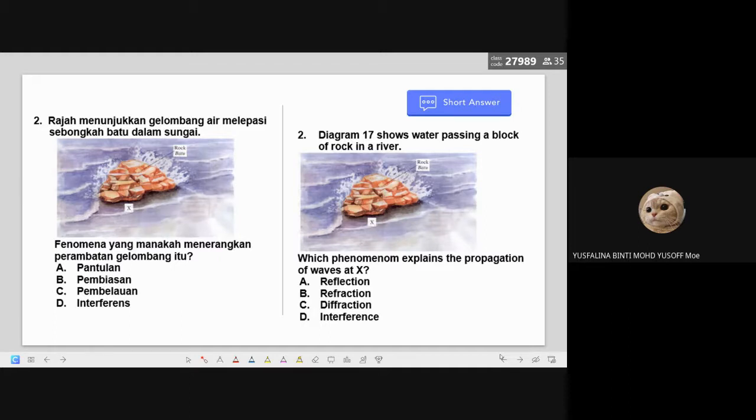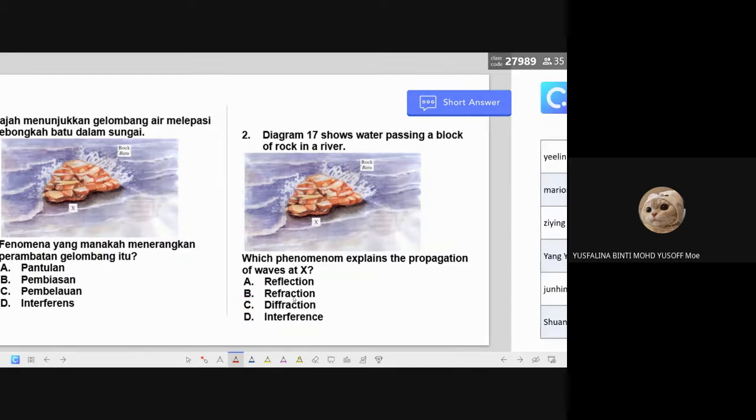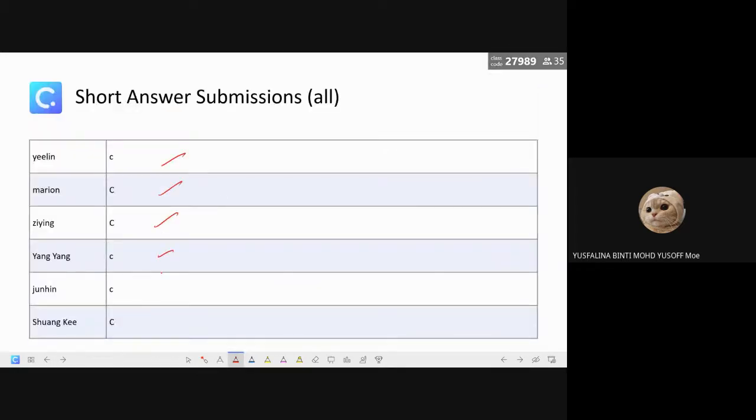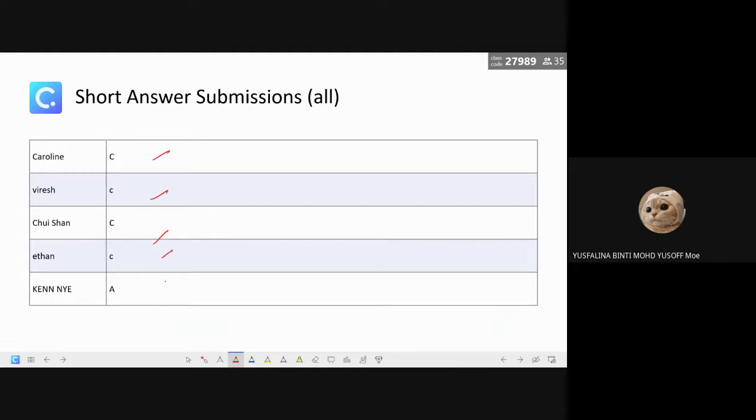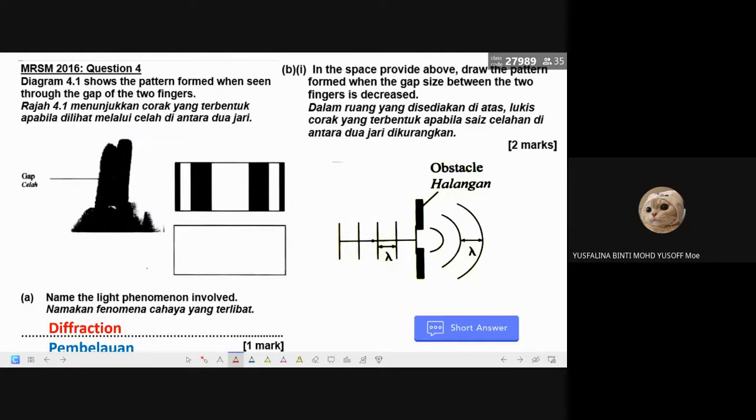Of course, this one is diffraction, so the answer is C. Why is your answer C? It should be C because it passed through the rock there, passed through the barrier.